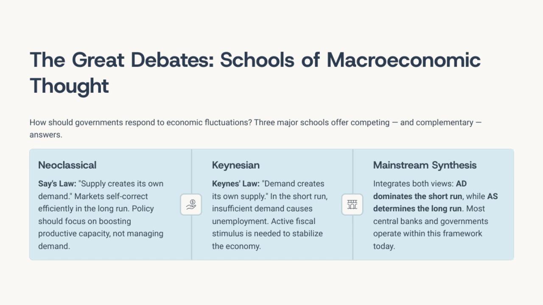Should they stimulate demand during recessions, or focus on enhancing supply-side factors? Both schools offer valuable insights, and understanding their differences helps us grasp the broader discussion about economic policy. In the end, these debates form the foundation of macroeconomic thought, guiding policymakers in navigating economic cycles effectively.